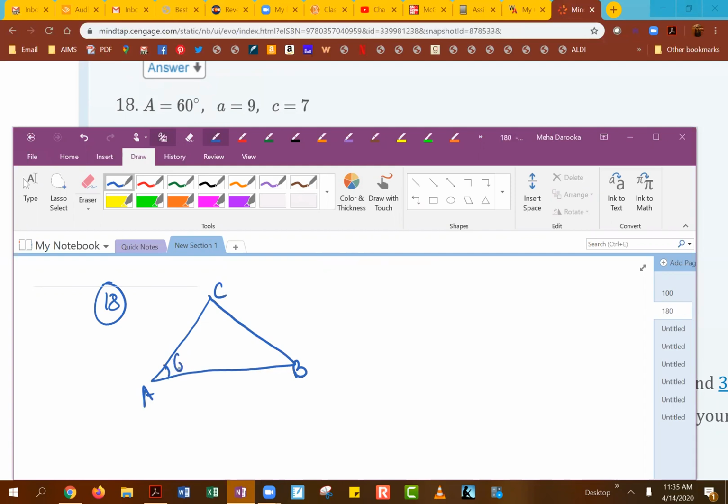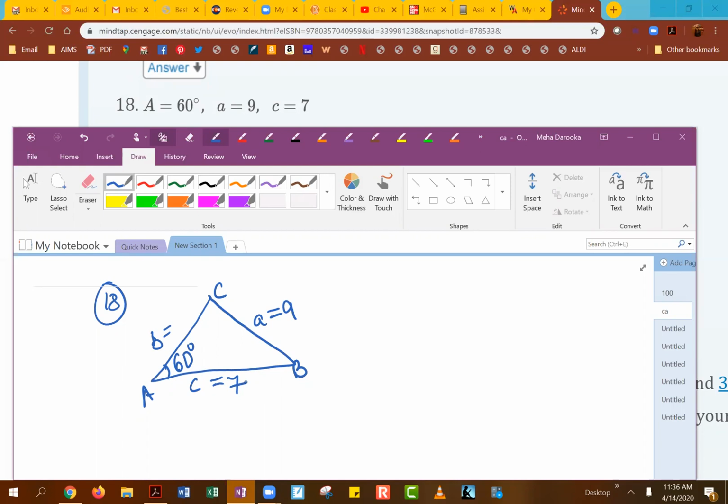Angle A is given to us as 60 degrees. Side A is 9 units, and side C is 7 units. Okay, so obviously we're not quite ready to find our missing angles over here.